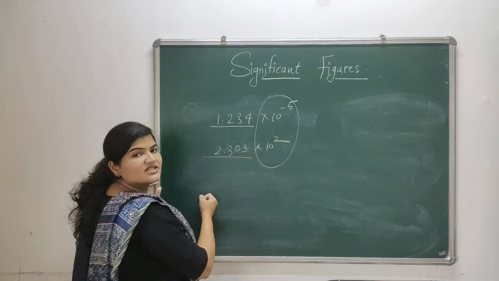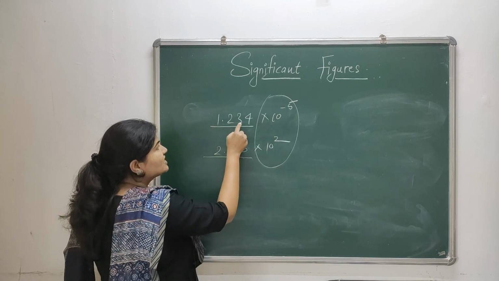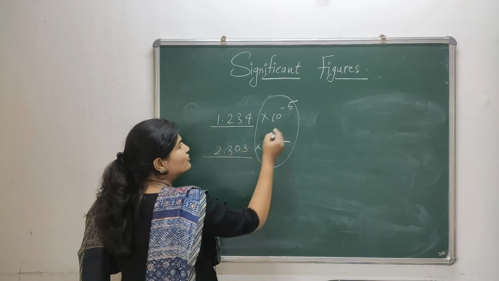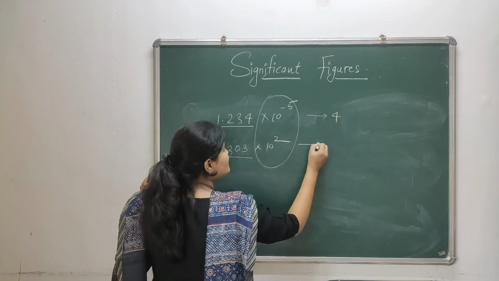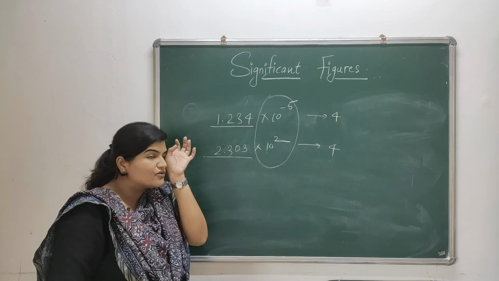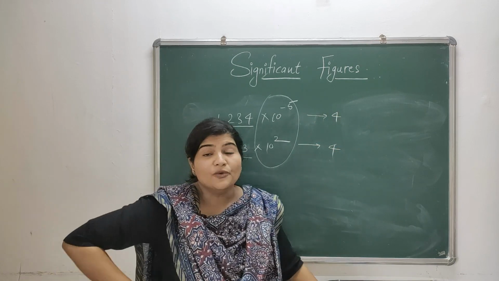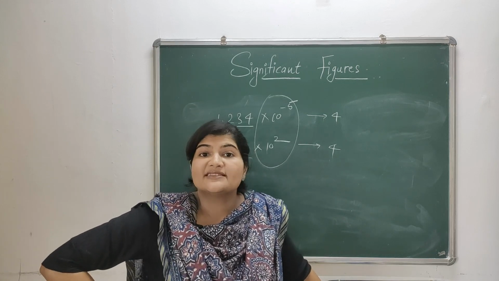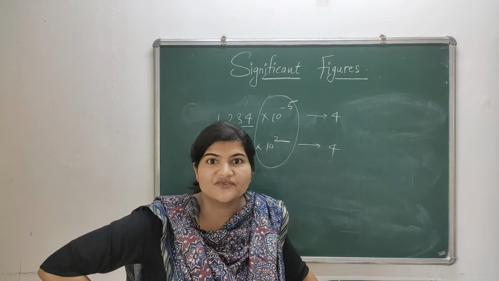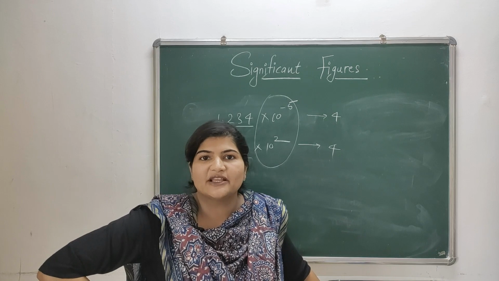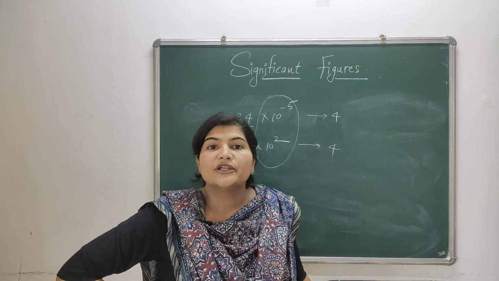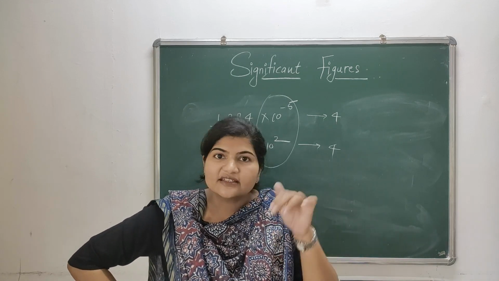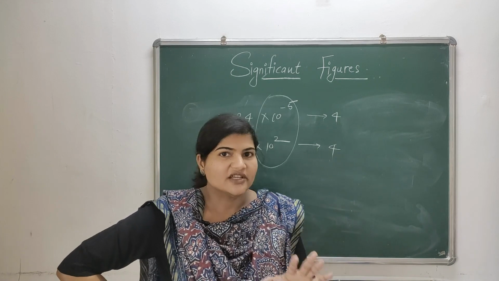Count all the digits in this number. So 1, 2, 3, 4. 1, 2, 3, 4. So it contains 4 significant figures. It also contains 4 significant figures. Now I have told you all the set of rules which we are going to use to determine the significant figures. I am going to list all these rules in the description box below. You just check it out.